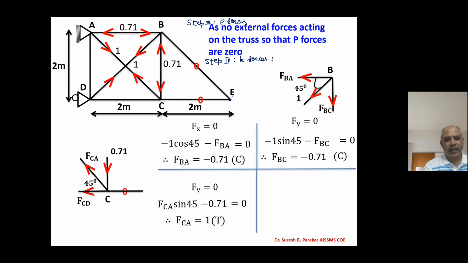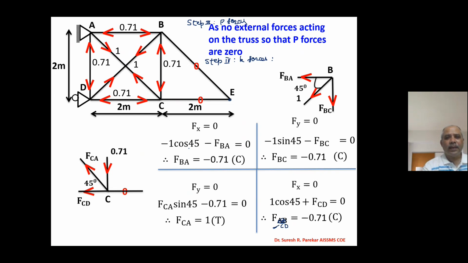So AC or CA is 1 tensile, and then Fx equal to 0 gives FCD as minus 0.71. So FCD is minus 0.71, and then FAD automatically is minus 0.71. So we have these as the K forces.